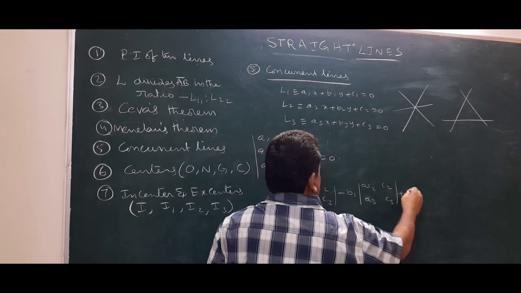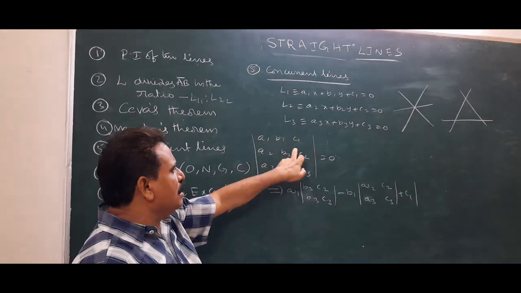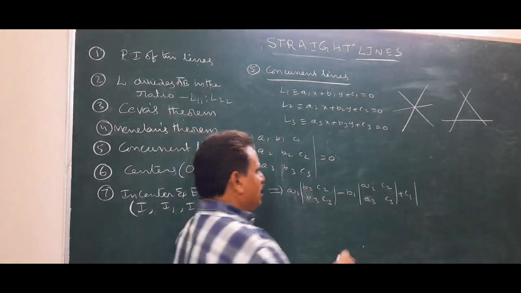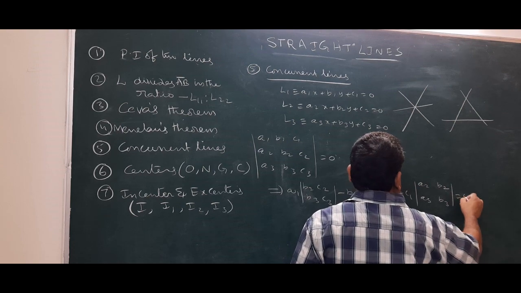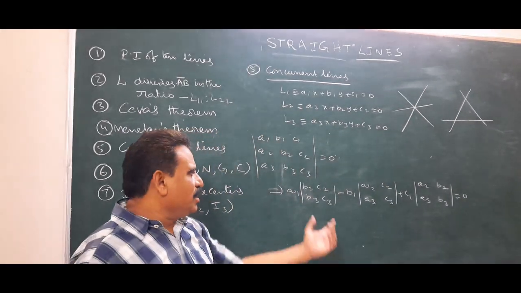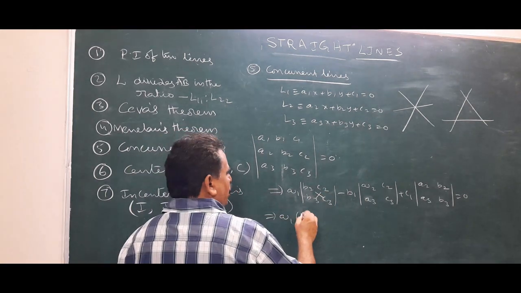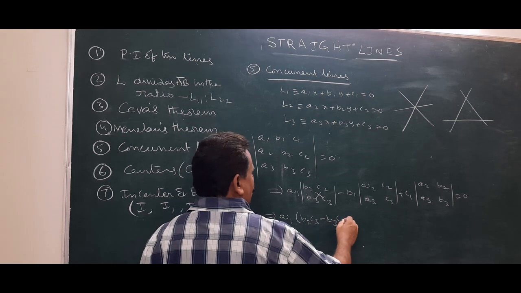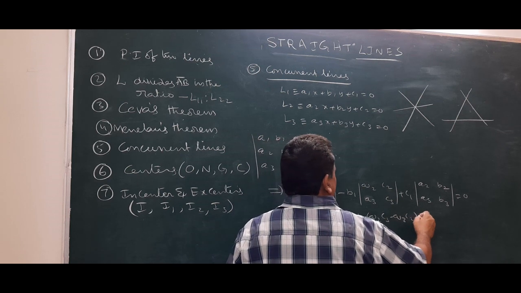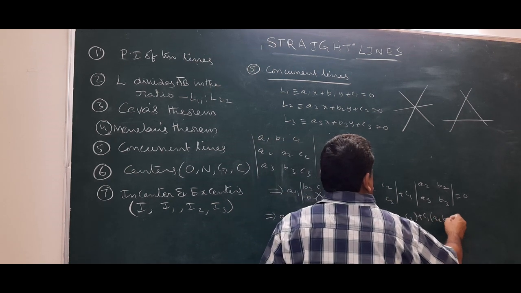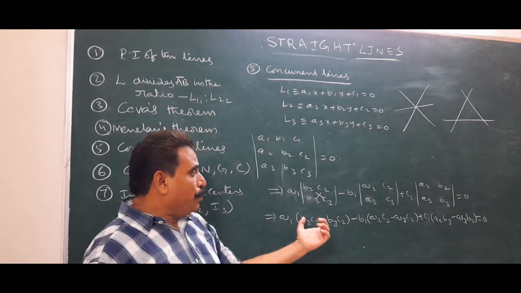Plus C1 into, in the same way, A2, B2, A3, B3, equal to 0. A 2 by 2 determinant is B2 C3 minus B3 C2. This implies A1 into (B2 C3 minus B3 C2) minus B1 into (A2 C3 minus A3 C2) plus C1 into (A2 B3 minus A3 B2). Okay. So how do we prove this?